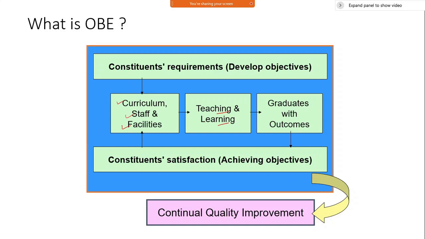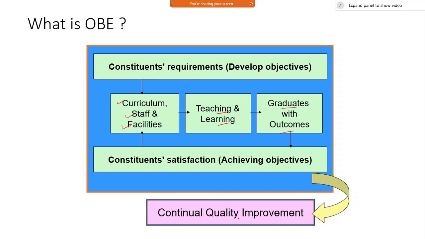You can have project-based learning, which will enhance, because students are not ready to listen for 1 or 2 hours continuously. What they are expecting is, yes, I need some activity so that I can learn on my own. That is the innovativeness we need to bring into the teaching learning process. And then you are going to estimate the graduates with outcomes, and then you go on putting this into the loop.